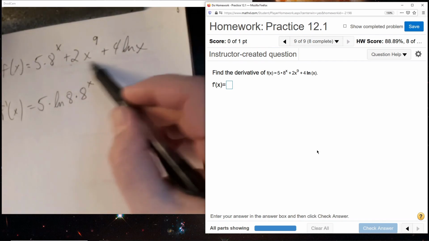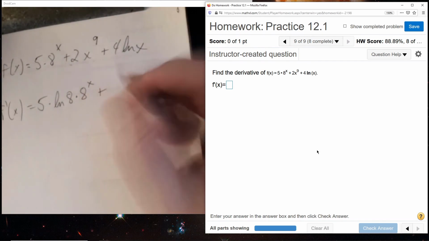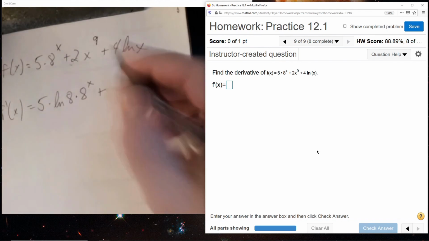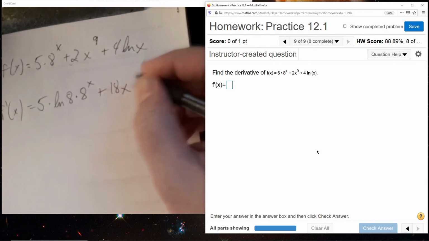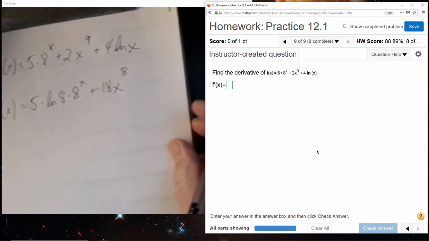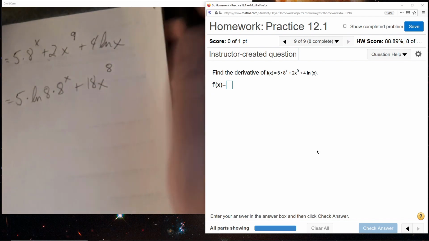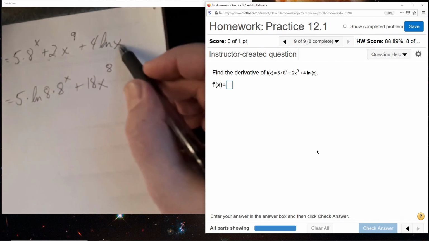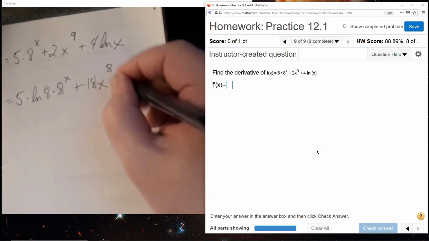Going on to the next, the power function. 9 drops down, hits the 2. Subtract 1 from the exponent. And then to the last function, which is a log pattern.